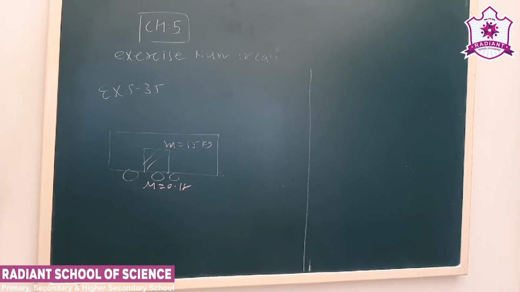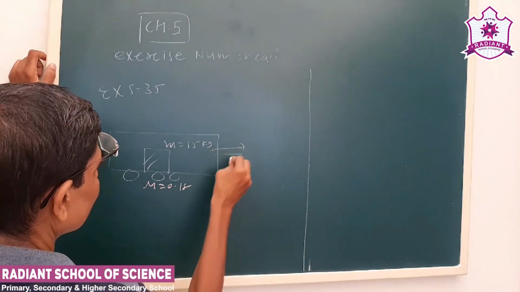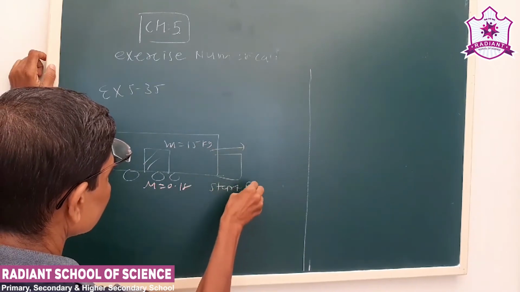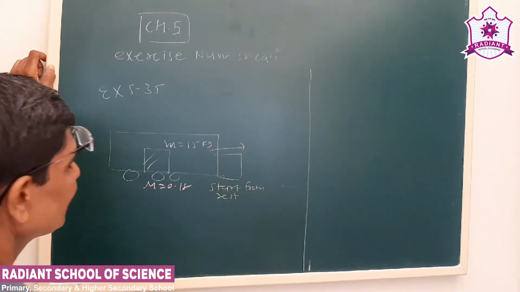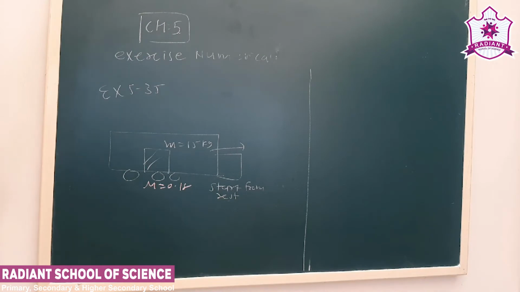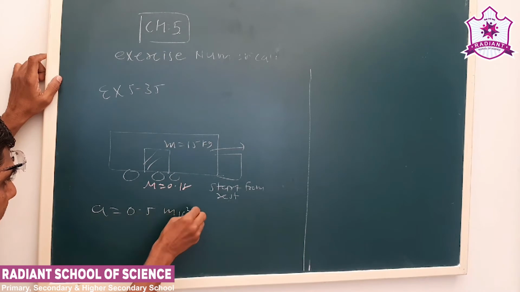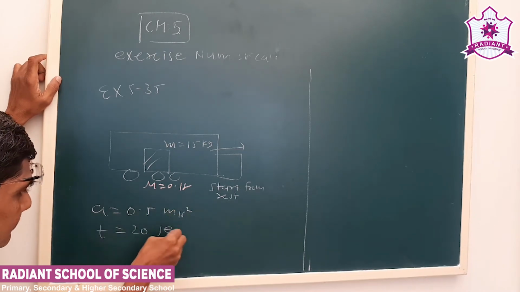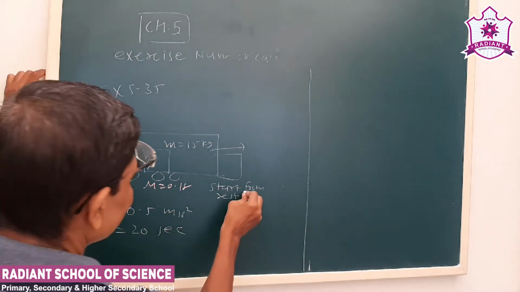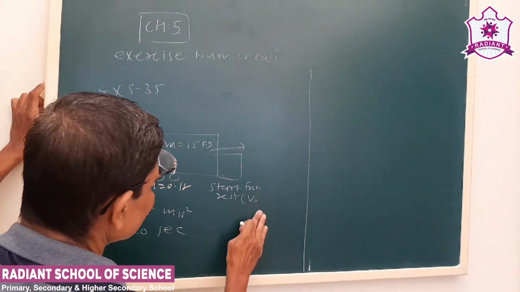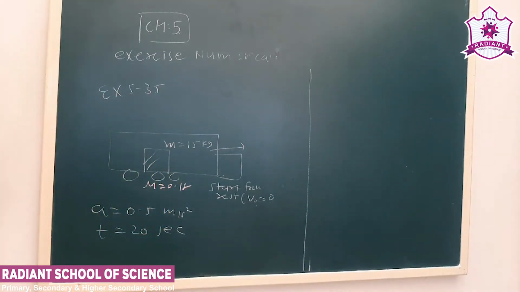The trolley initially starts from rest, v0 is 0, and moves with a constant acceleration of 0.5 meter per second squared for 20 seconds. What do we have to find out?